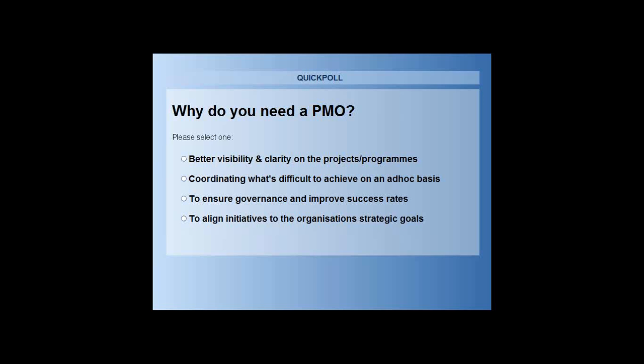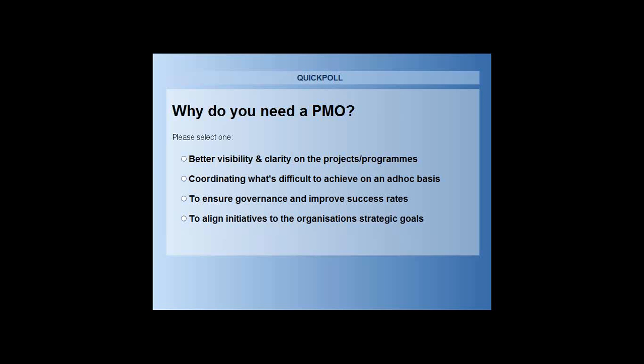So PMOs were established to make sure that project managers or program managers follow that governance model, fill in the right forms, get the project approved by the right people, manage the stakeholders, do risk management, issues management, and all the rest of it, to follow the standards or the project management methodology in the organization, again, to help get good success rates and realize the benefits that those projects would potentially deliver to the organization. So that's the third main reason.